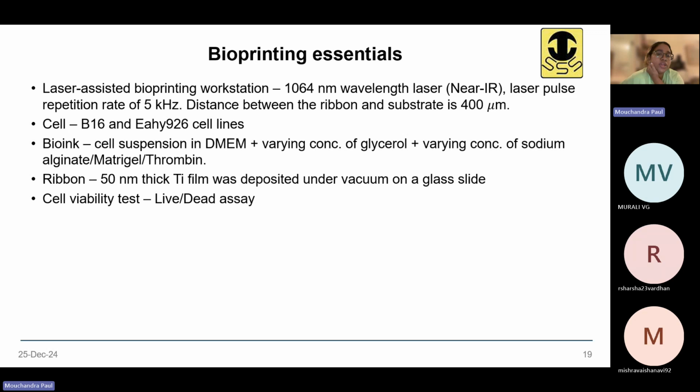You understand now why glycerol is added to it: to avoid dehydration of the bioink layer. It is also mixed with sodium alginate. So the addition of sodium alginate basically varies the overall viscosity of the bioink.